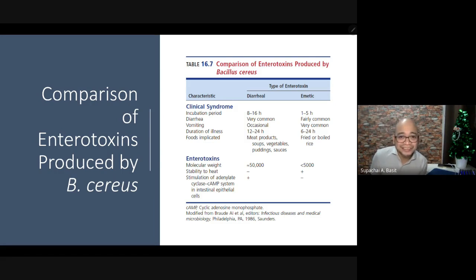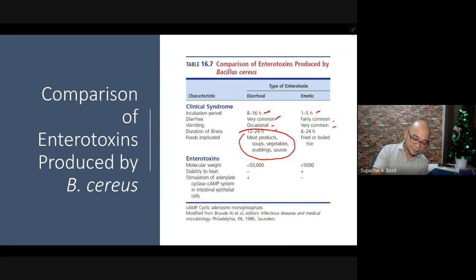So again, to differentiate the type of enterotoxin, for the diarrheal form, the incubation period is 8 to 16 hours. Emetic form is 1 to 5 hours. Diarrhea is very common in diarrheal form, but it is not common in emetic. Vomiting is occasional in diarrheal form, but very common in emetic. The duration of illness would be longer for diarrheal form. Ito nga yung makikita natin, no?